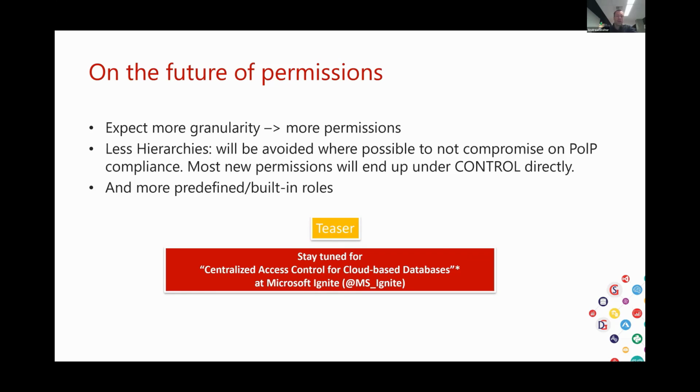So all this work in terms of granularity and less hierarchy actually had another background also, to enable us to bring a completely new mechanism to assign permissions scalably, specifically for cloud-enabled databases like Azure SQL Database. I won't get into details here, but definitely have a look at Ignite. There we will have a big announcement of a new functionality, keyword centralized access control, central and scalable. That is the key.